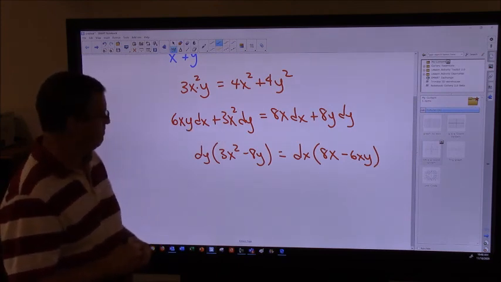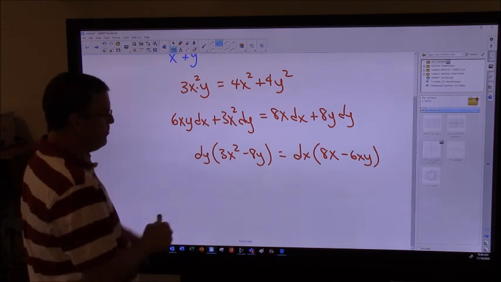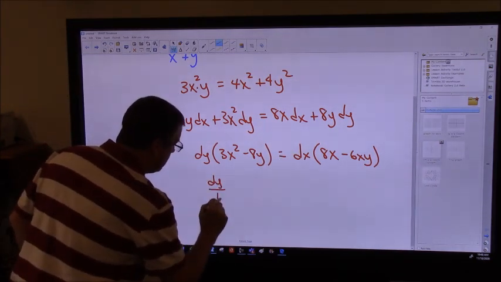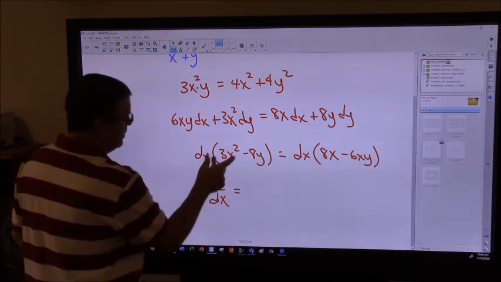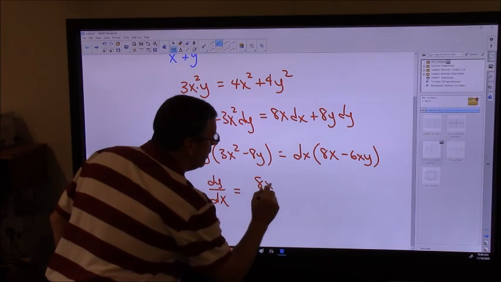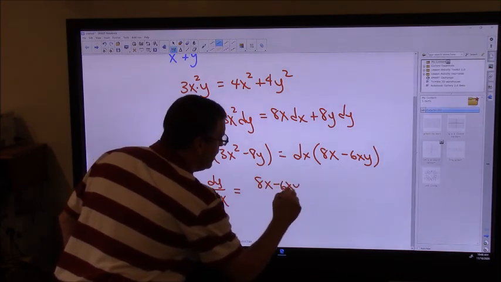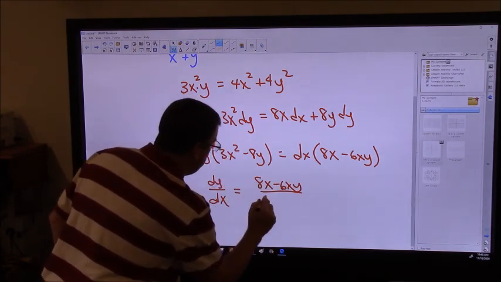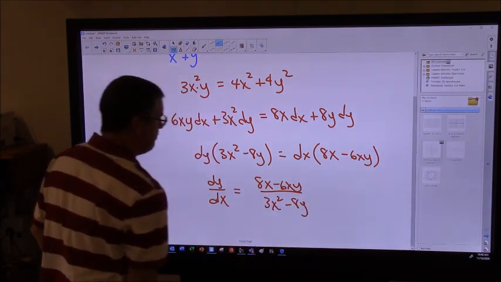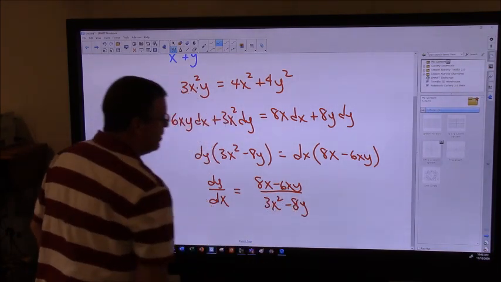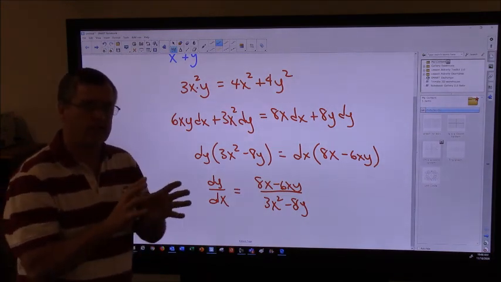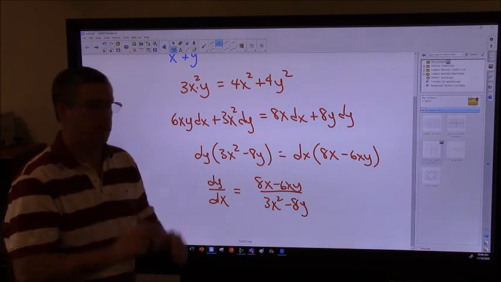All right? So now I want dy over dx, so I'll bring this over here and divide. That means I got to take this over to this side and divide, so I get 8x minus 6xy. We're going to divide by this, so 3x squared minus 8y. One thing to be really careful of, because a lot of people get into this habit, which is not a good one.